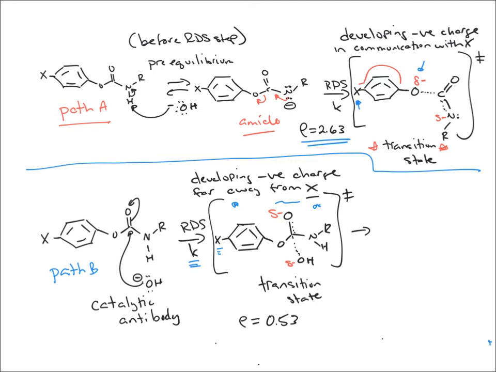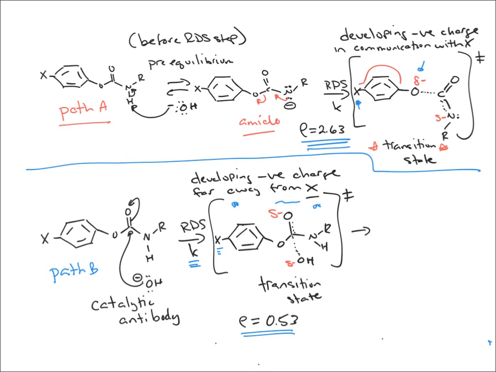So this results in a much reduced influence of the substituents on the rate constant for the reaction, and this is consistent with a more shallow slope for our rho value of 0.53. So this is a really nice example that tries to explain that you can use rho values and their slope and also their magnitude to give information on mechanistic detail of the reaction that you're looking at.